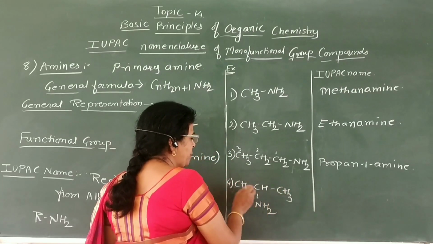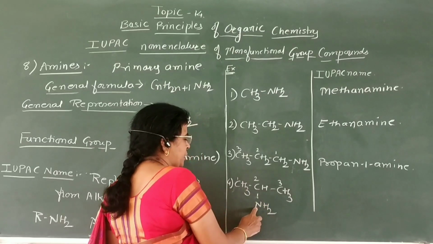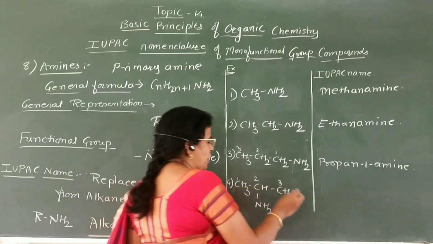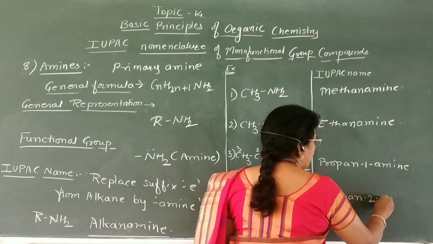Now this functional group is present at two position, 1, 2, 3, at the second position NH2 group is present, and parent alkane is propane, therefore it becomes propan-2-amine.